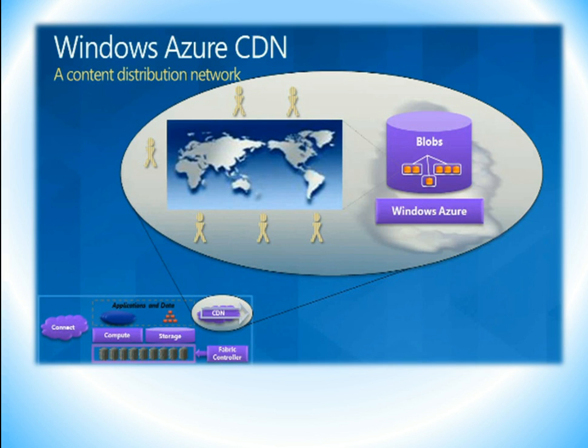Moving on further, we talk about the content distribution network. We talked about blobs, videos and audios stored in blobs, and you have the blobs stored on individual data centers, maybe in Asia or Europe or North America. What happens if users sitting in North America are accessing data over the Asian servers?